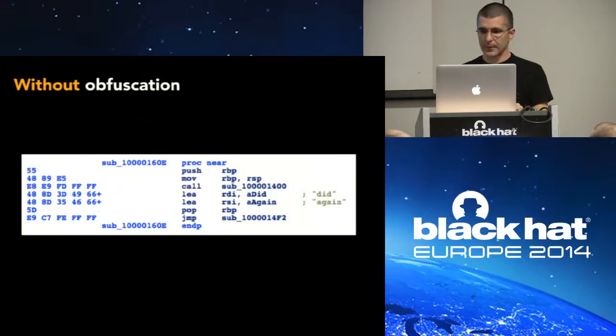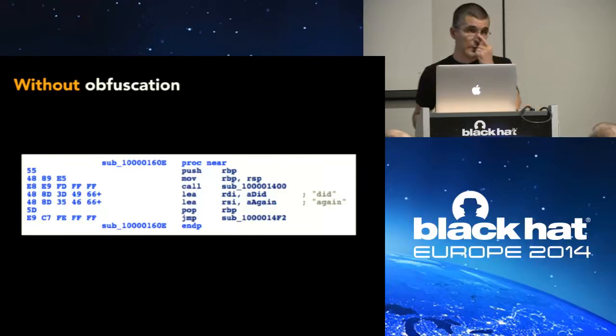And I will just show you the result. This is without obfuscation with my two parameters. And I don't have a call. In this case, it's a jump because the compiler has decided to optimize the call, and it has replaced it with a jump.